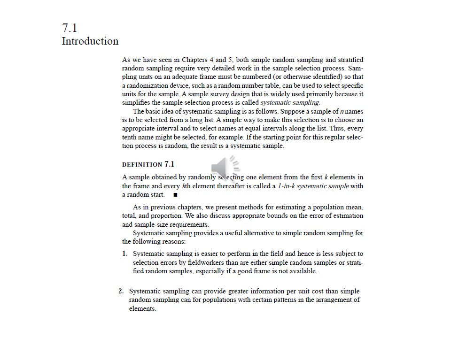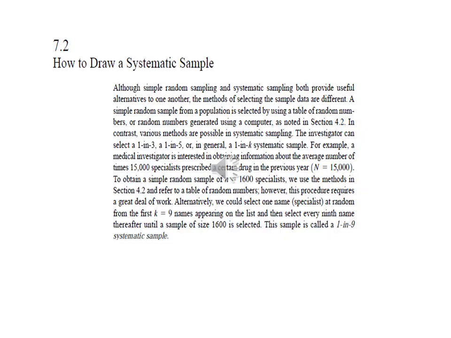This is the main true advantage of systematic sampling over simple random sampling and stratified random sampling. So it is very important, and every student must study these two main advantages or aims of systematic sampling, and the definition of systematic sampling.